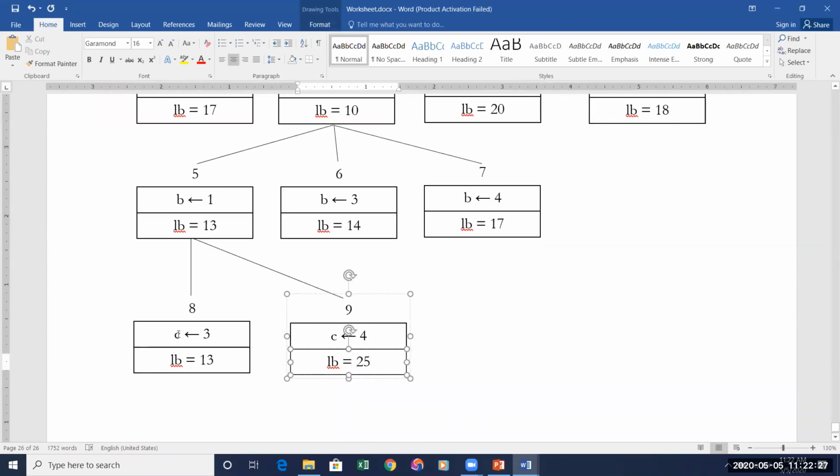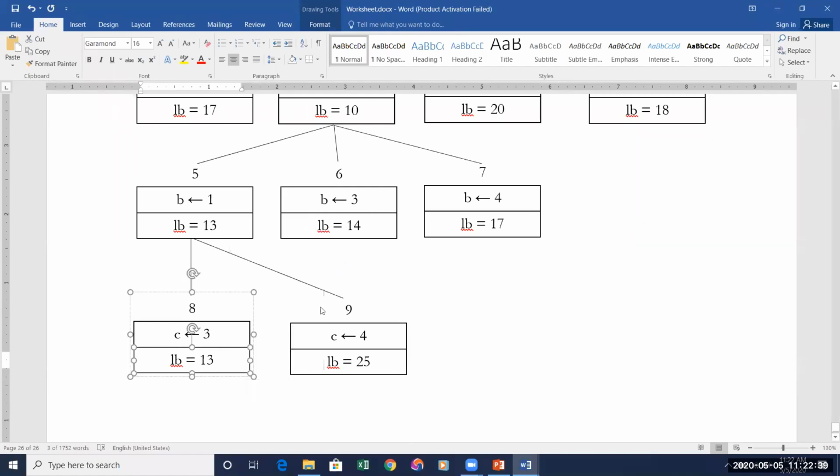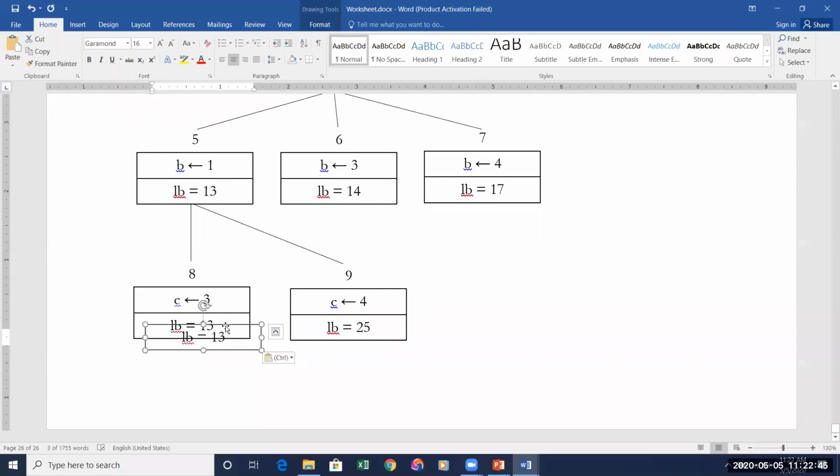Now if you observe this, when C is allotted with 3, what is the only option for D? D has only one option, so you can write that here itself, because there are no other options for D. If C is allotted with 3, the only option left with D is 4.